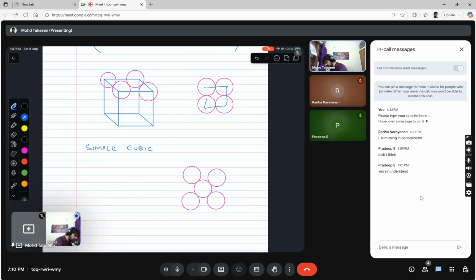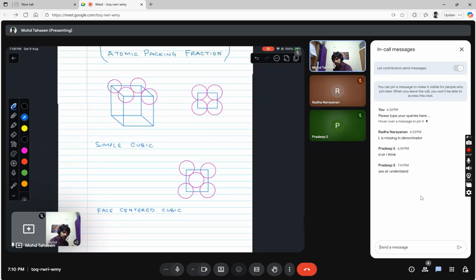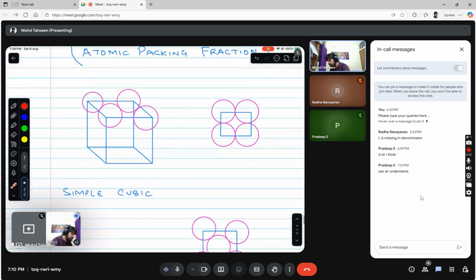So this was the top face here, and now this top face looks like this, and every face will look like this. This is called a face centered cubic. Similarly there are many more atomic arrangements, and depending upon which kind of atomic arrangement you have, there are different kinds of packing fractions. Now what does a packing fraction mean? A packing fraction means, for example, look at this space, right?